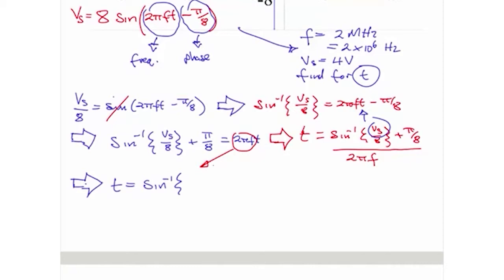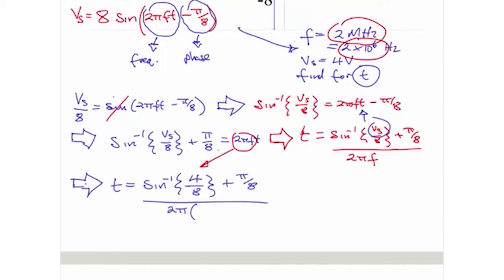Vs is 4 divided by 8, close brackets, plus pi by 8, all over 2 pi f. 2 pi times f is frequency, and we set up here frequency was 2 megahertz, which is 2 times 10 to the 6. So it's that times 2 times 10 to the power 6. Okay, we can simplify this.